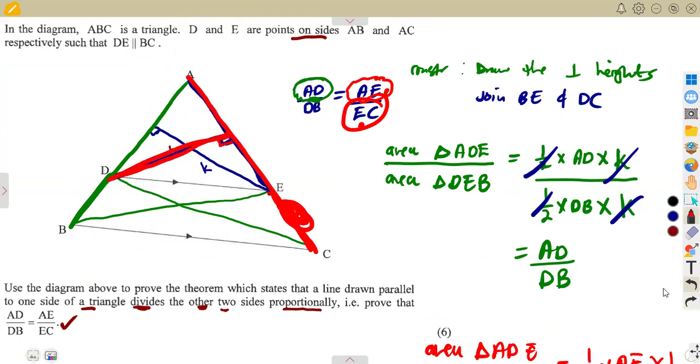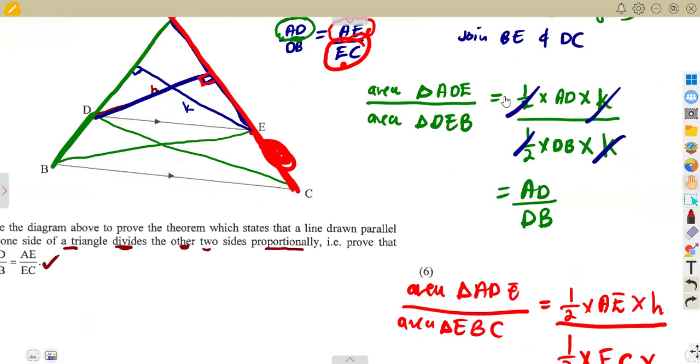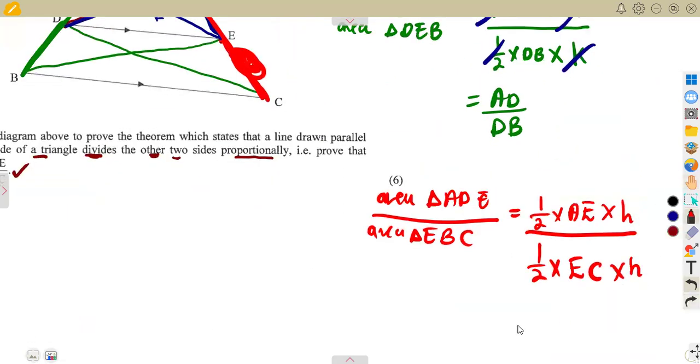It is still H. They share the same height, so that height is going to be maintained throughout. So just like the previous case, these two can cancel, and that means I'm going to remain with AE over EC. AE on top, that is AE over EC. This is what you're going to have at the end.